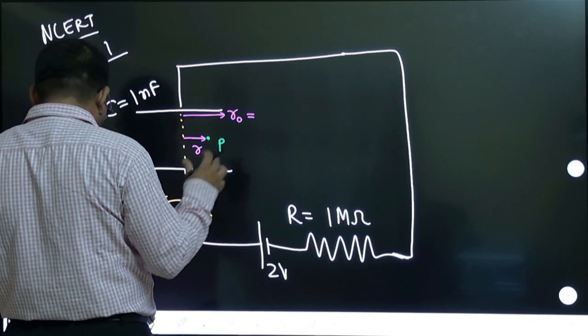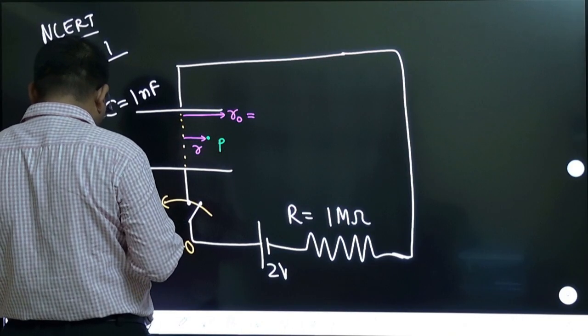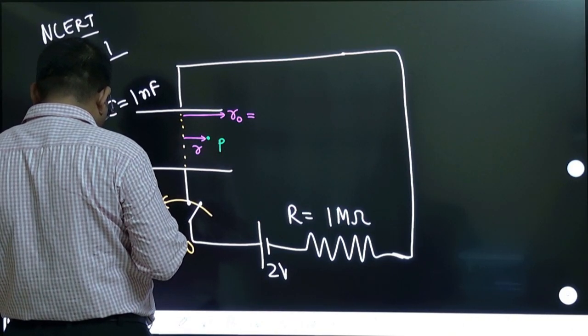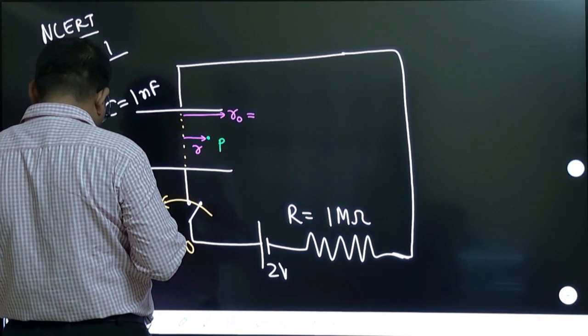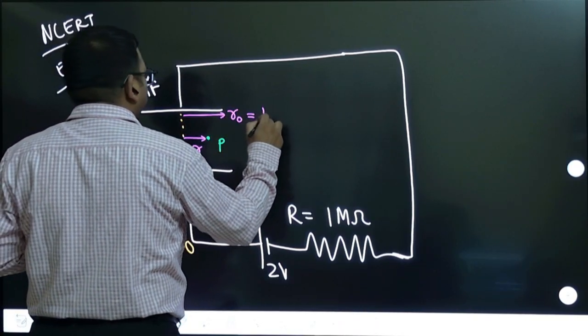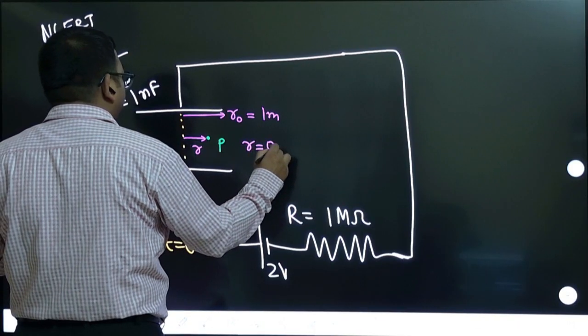This total radius of the circular capacitor plate they have given as 1 meter, and the small r is 0.5 meter.